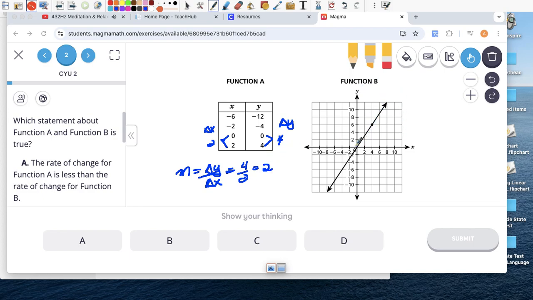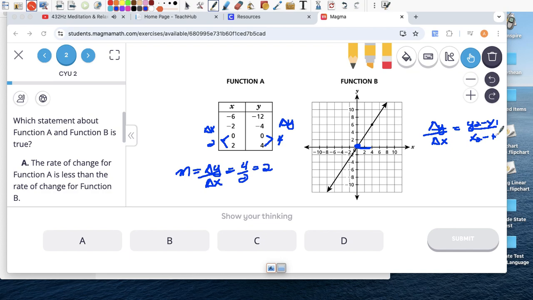Function B, pick 2 points, and hopefully you pick 0, and this one's 6 and 4. So for this one, hopefully you count, right? Remember, when I say change in y, change in x, I literally mean y2 minus y1 and x2 minus x1.